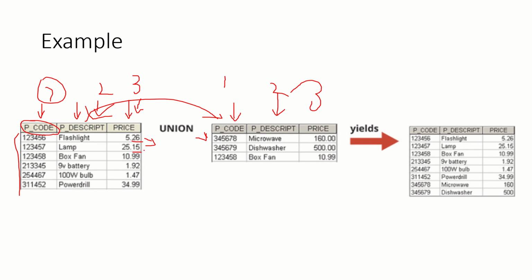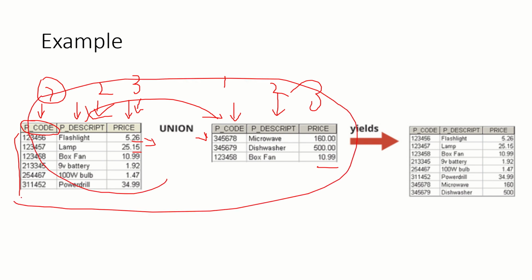Keep only 2 floating point digits. Okay, so it's the same thing. That means they are compatible. Then you can just combine them together and produce a new table. One thing right here, you need to make sure they remove the duplicate rows.